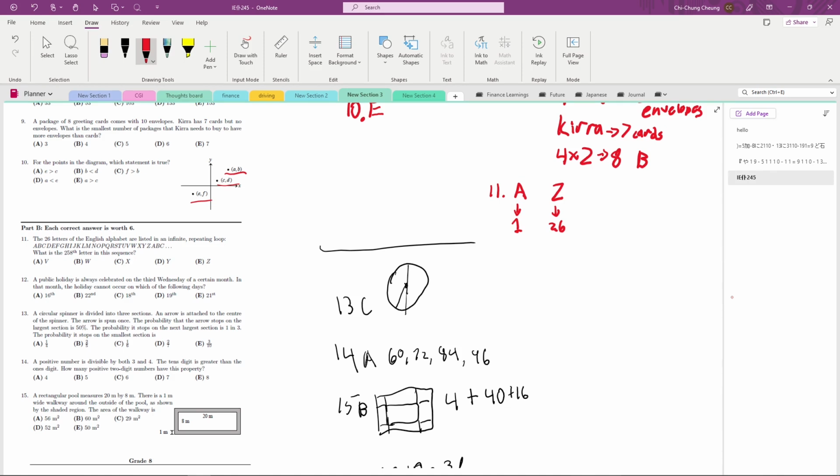So Z is the last one, the 26th letter, exactly 26. Now we got that straight. Each time you add 26, like each loop, there will be another 26 letters. So the next Z will be at 2 times 26, exactly. And then A will be 1 plus 26, or here you can say 26 plus 26.